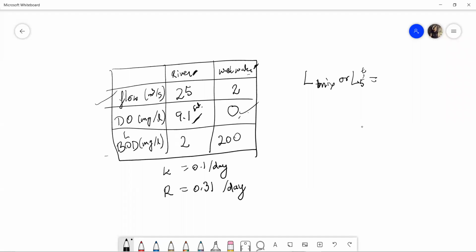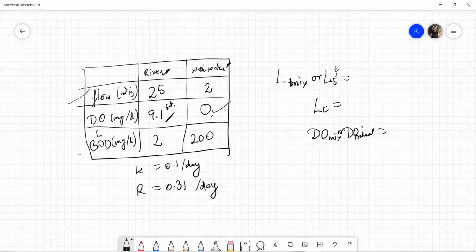While writing the formula, you can write L of T or L of mix is equal to how much. Then next we have to find out dissolved oxygen, DO mix or DO actual. DO actual is how much you have to find out. So tell me the answer for these two.